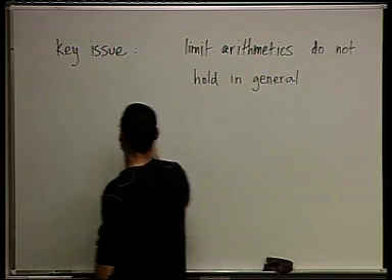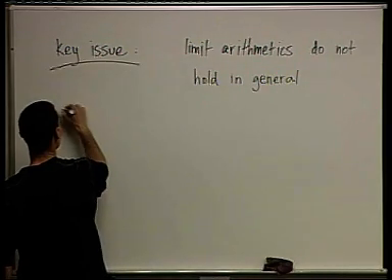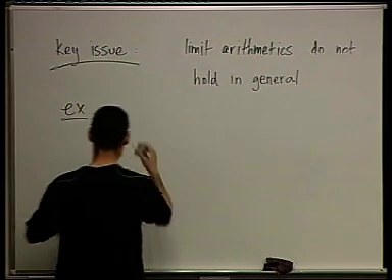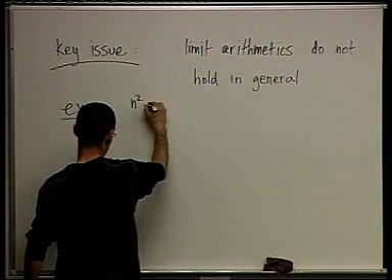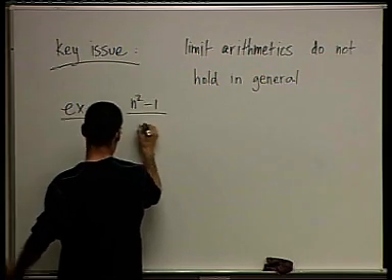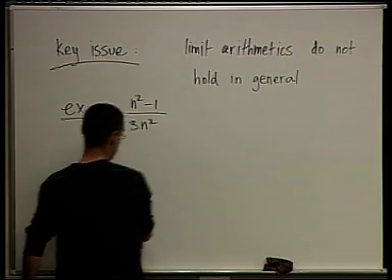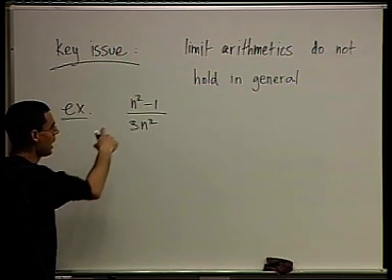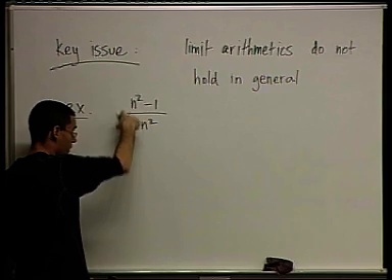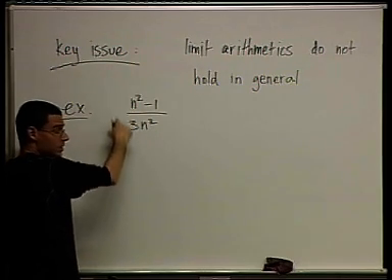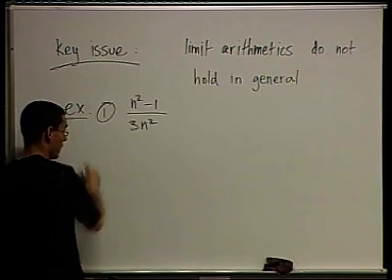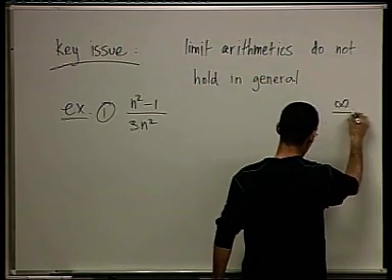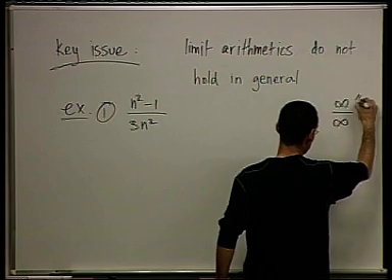So for example, suppose we take the sequence n squared minus 1 divided by 3n squared. Do you agree that this is a situation of, okay, so this is example 1. This is a situation of infinity over infinity.